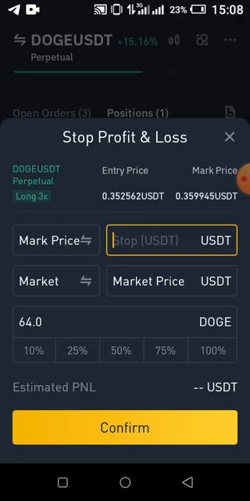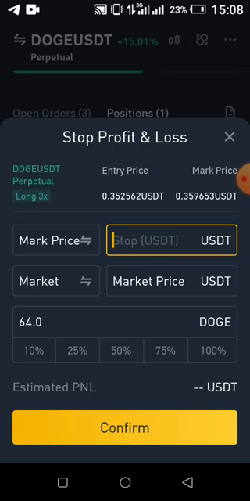Trailing stop loss means when I'm on a profit already, and then I put a value in between my entry price and my mark price, then I will be trailing the loss. In other words, it is profit, but it will still be a loss because it went above that. So that is trailing stop loss. I will do a practical example briefly, and then we'll understand those three terminologies.